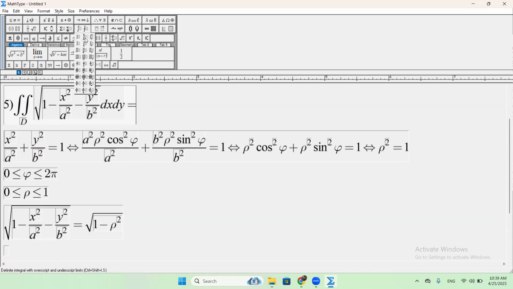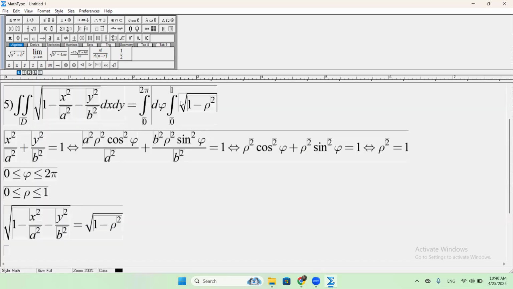Writing down the integral: phi from 0 to 2 pi, d phi, and rho from 0 to 1, the expression 1 minus rho square, multiplied by ab rho.